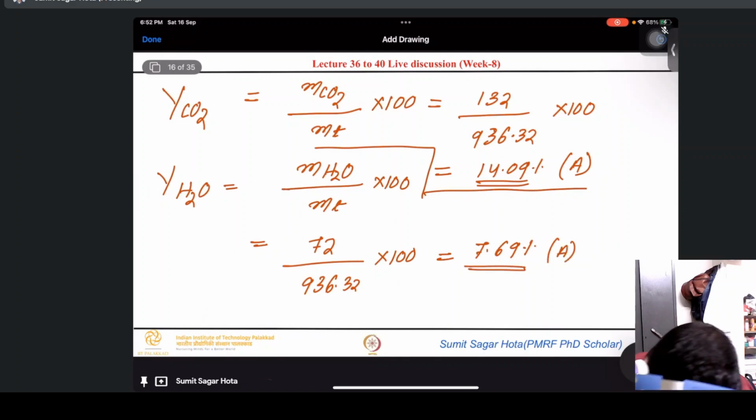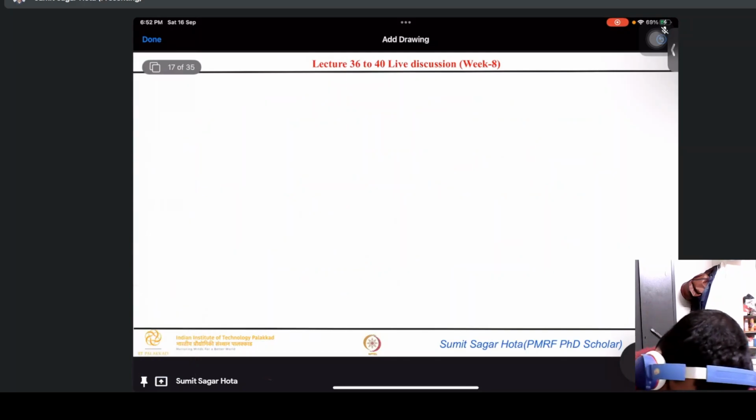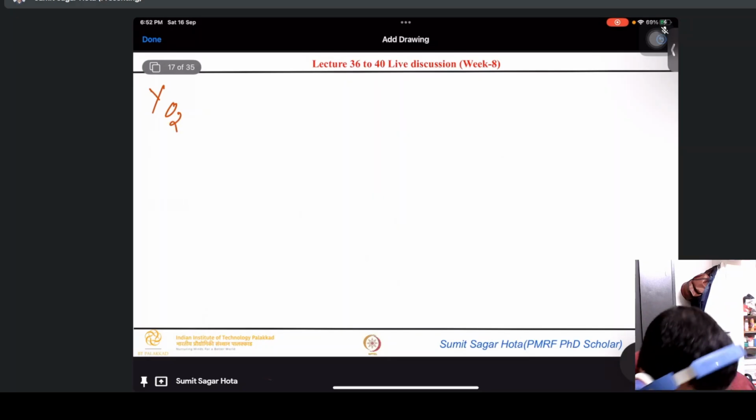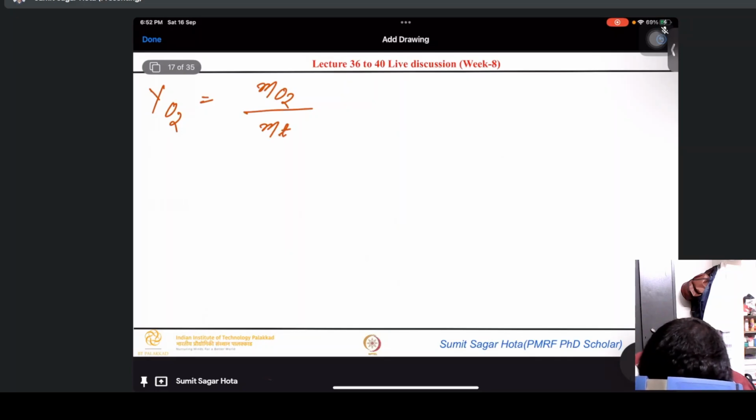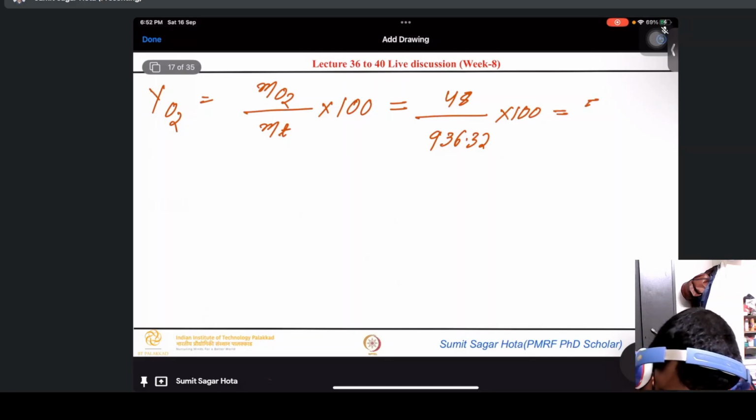This is your answer. Y of O2 is M of O2 over M total into 100, which is 48 divided by 936.32 into 100, equal to 5.12 percent.